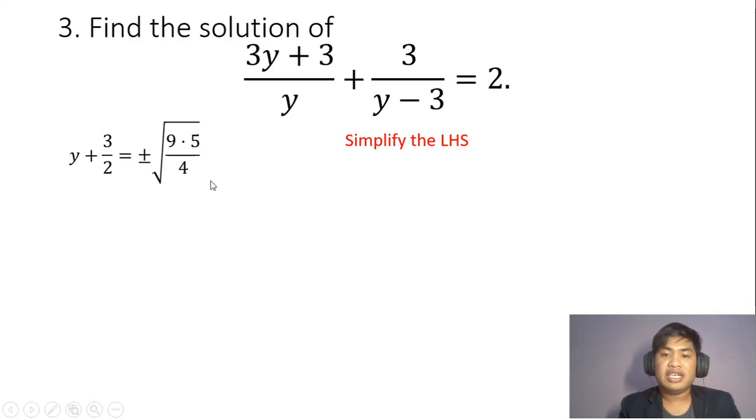So we take the square root: square root of 4 is 2, square root of 9 is 3.